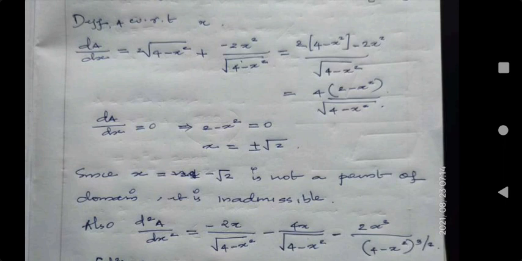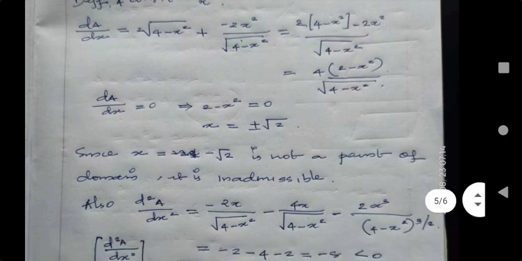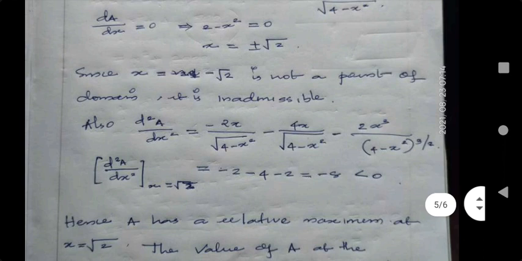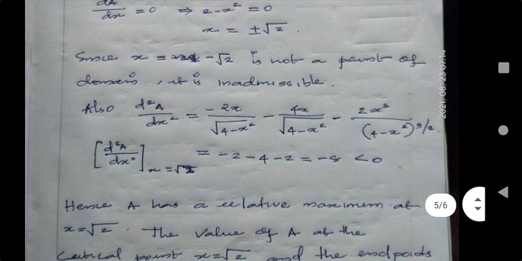Therefore, dA by dx equal to 0 gives x equal to plus or minus root 2. Since x equal to minus root 2 is not in the domain, it's inadmissible. Therefore x equal to root 2.